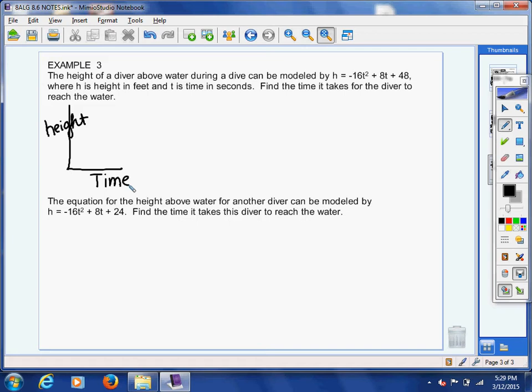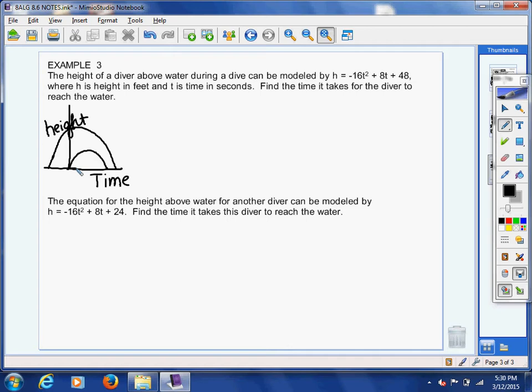So it's not going to be as simple as starting here and diving that way. She's actually diving from a higher position and probably climbing up the ladder to get up there before. So this is the time before, not that there's negative time, but it's the time before we started counting, climbing up the ladder and before the timer goes off.